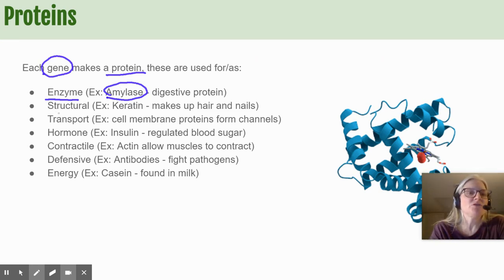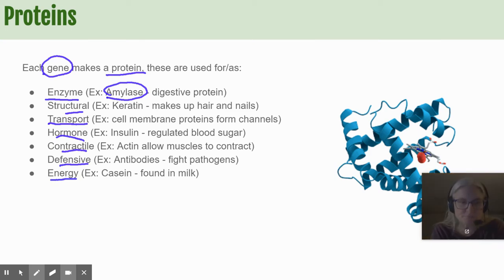You have structural proteins like keratin, which make up your hair and nails. Genes that code for proteins that are involved in transportation, so getting things in and out of your cell membrane. You have proteins that are hormones like insulin that regulate blood sugar. You have contractile proteins that allow muscles to contract, defensive proteins like antibodies, which you learned about in the last unit. And you have some proteins that are for energy.